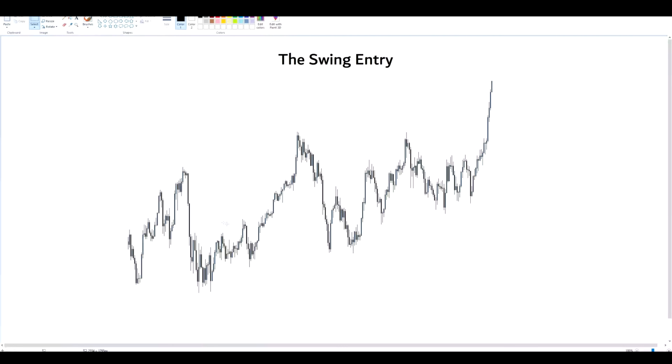So the swing entry is basically when you trade based off of the 4 hour, the daily, and basically anything within the daily to 4 hours. So the range is from the daily to the 4 hour. I'll just write 4 hour.